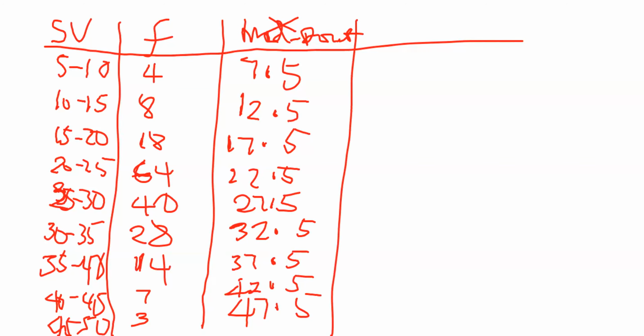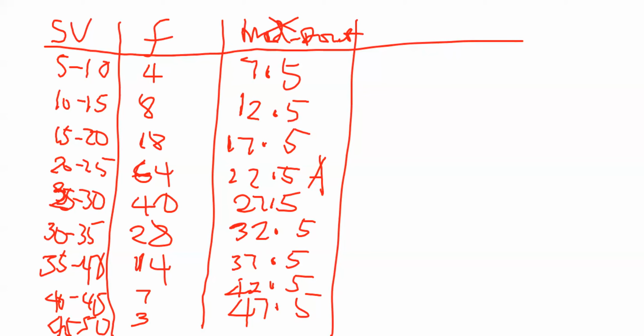I hope you understand. Yes, sir. And the question says we should use an assumed mean, Abi, from the group 20 to 25. So this midpoint, 22.5, is our assumed mean. Is it clear? Yes, sir. So that's why I put A there.